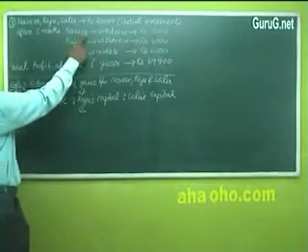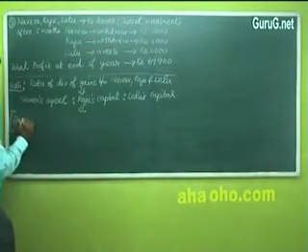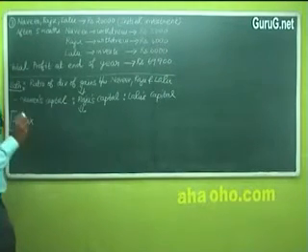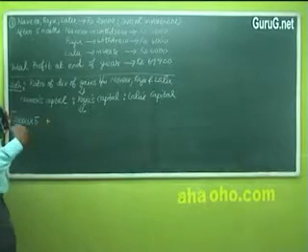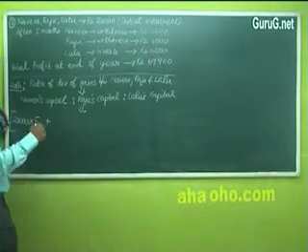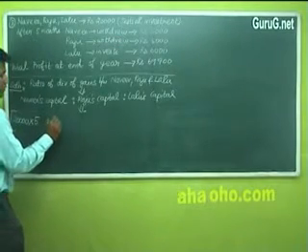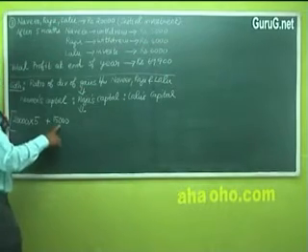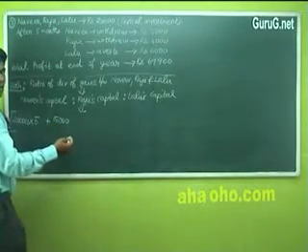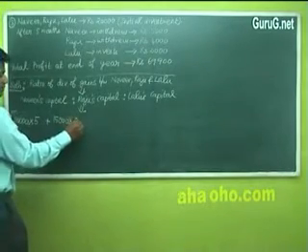After 5 months, Naveen withdraws 5,000. So 20,000 rupees is invested by Naveen for the first 5 months. Then for the remaining 7 months, after 5 months, he withdraws 5,000 from this amount. So his share of capital will become 15,000. This is invested for the remaining period of the year, that is 7 months.